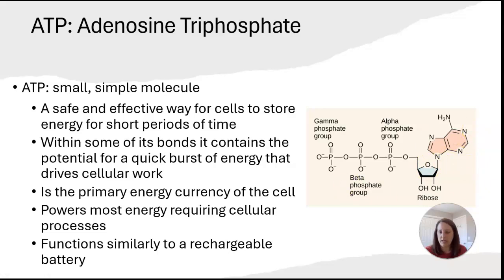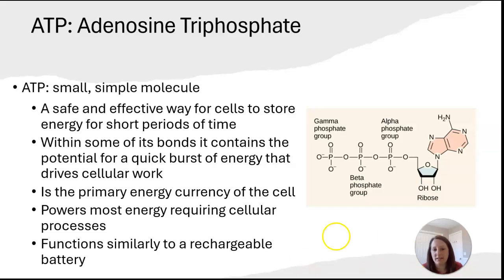So again, we've mentioned ATP a few times in a couple of different chapters. And so again, what ATP is, first of all, it stands for adenosine triphosphate. Okay, and so ATP, it's a small, relatively simple molecule, and it's a safe and effective way for our cells to store energy for short periods of time.